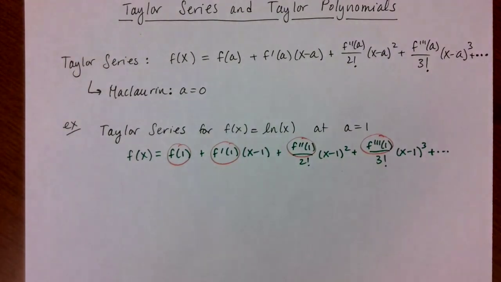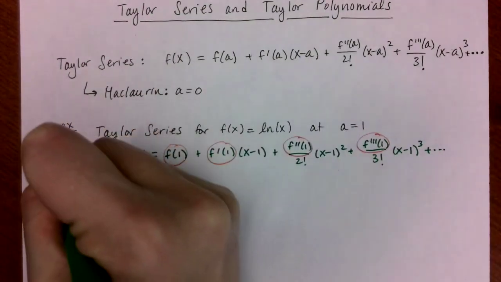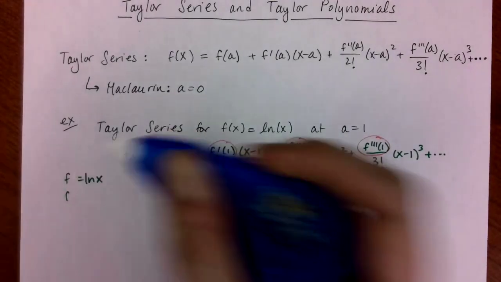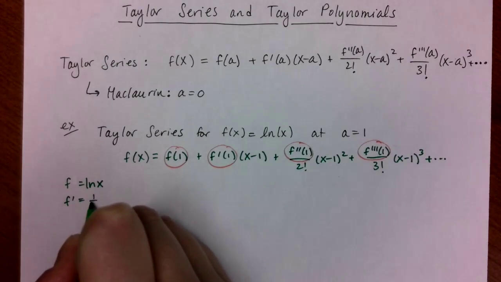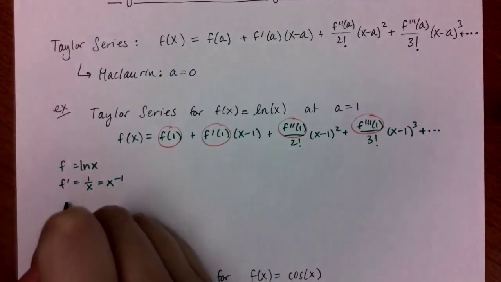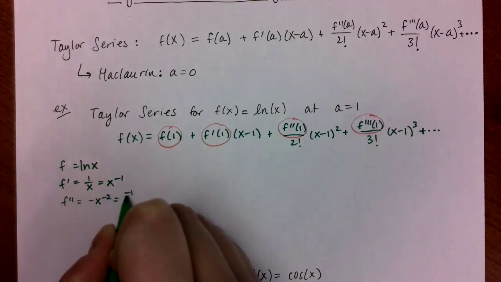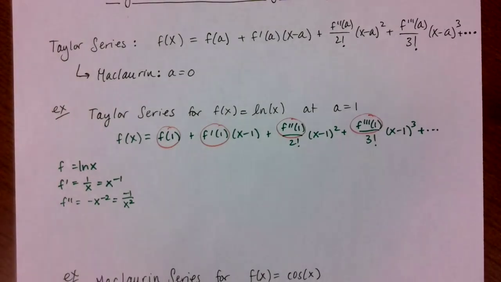All right, so this is just regular f. Let's get rid of that prime. Right, so regular f is ln of x. Then f prime is 1 over x, which is x to the negative 1 power. So when we take the derivative again, that's negative x to the negative 2, or if you write that as a fraction, that'd be negative 1 over x squared.